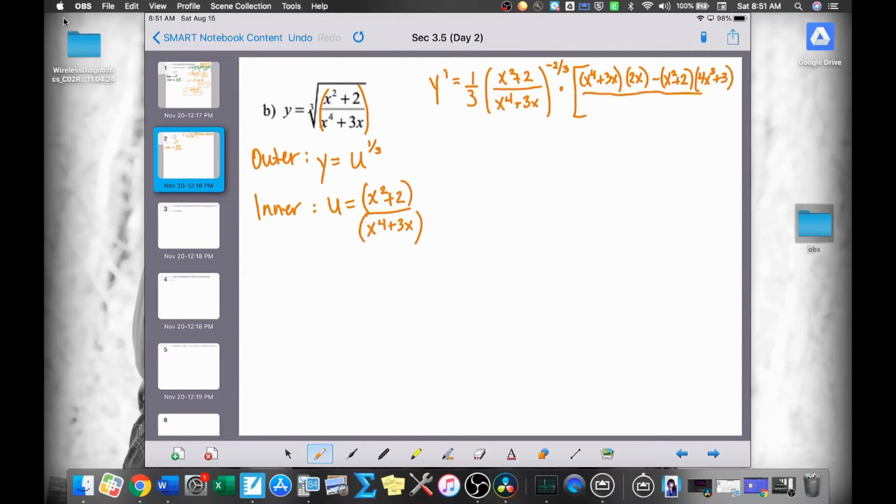And again, this is all over low, which is x to the 4th plus 3x squared.